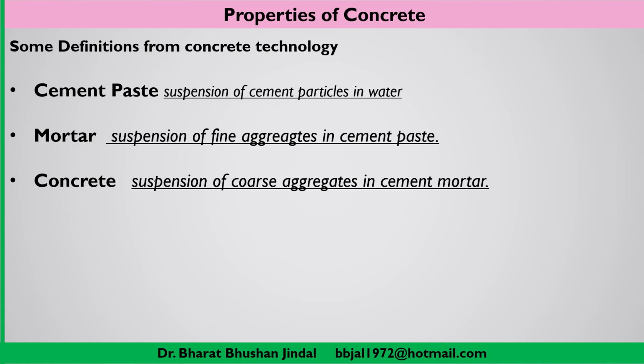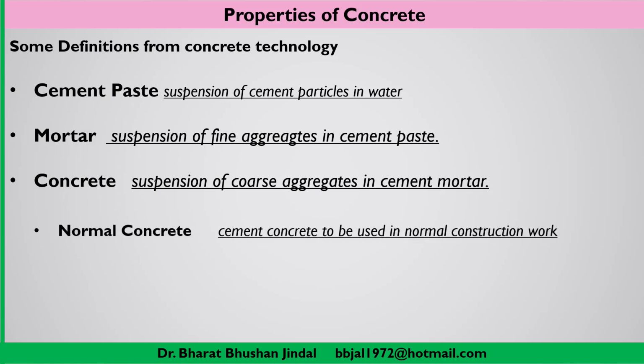And next is concrete. Now what we are doing in concrete, we can say it is a suspension of coarse aggregate in the cement mortar which we have already prepared. So there are basically three types of materials: one is paste, the other is mortar, and the third one is concrete. Accordingly, they have their different properties.